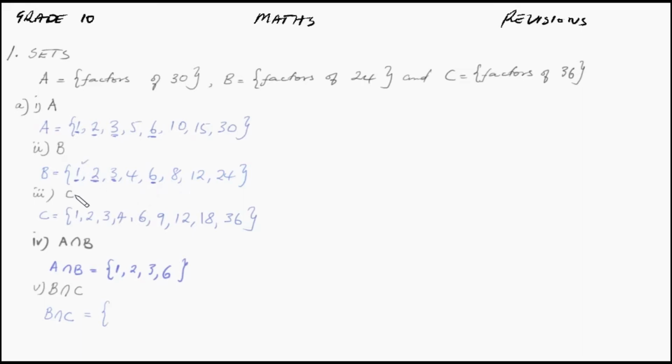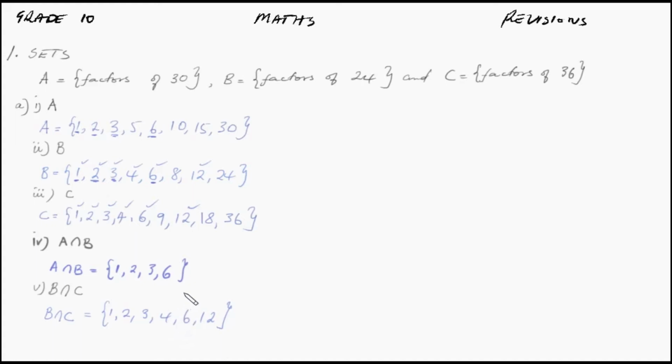So you have 1 and 1, 2 and 2, 3 and 3, 4 and 4, 6 and 6, 12 and 12 here. So B intersect C would be 1, 2, 3, 4, 6, 12. These are the elements in set B intersect set C. All right. This is basically what you can do.